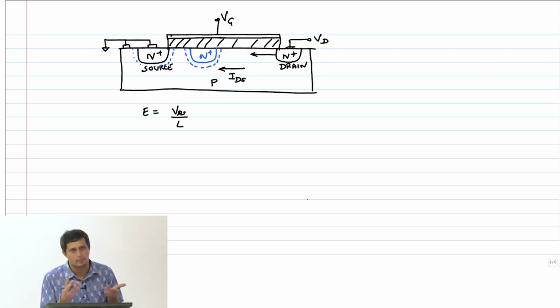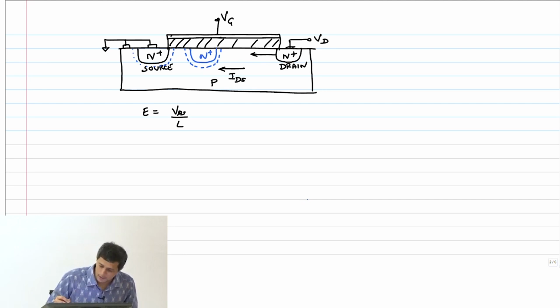Why? Because the device will break down. There is a breakdown electric field beyond which the properties of a semiconductor don't hold. Therefore we had to lower the supply voltage as we scaled these transistors and made them much smaller. So my VDD also started dropping with technology.